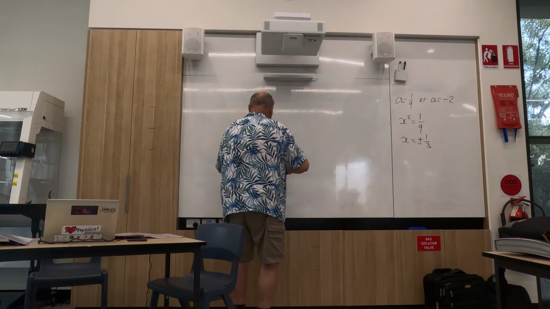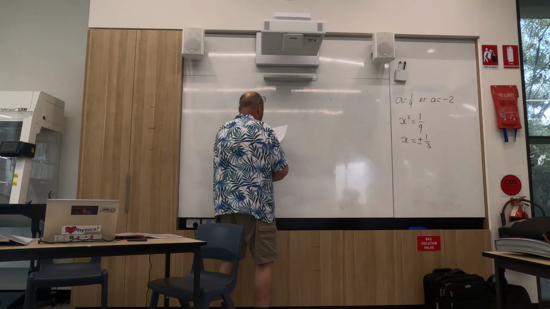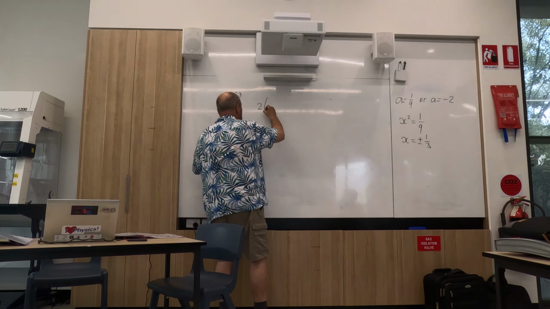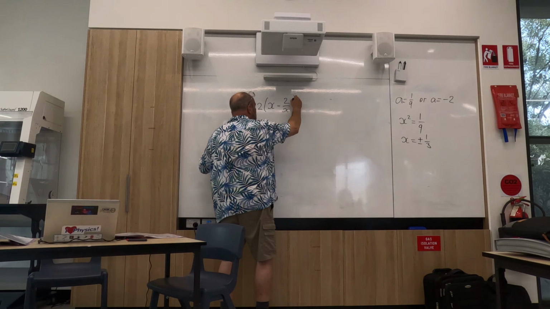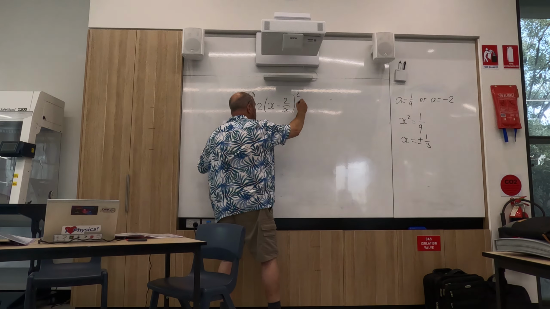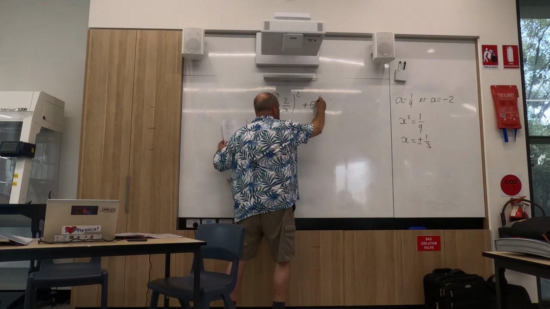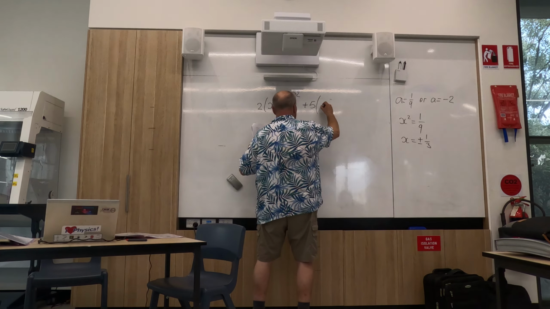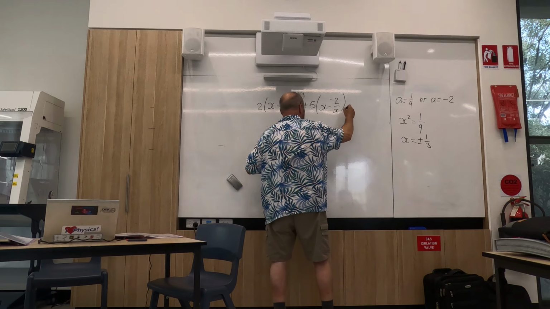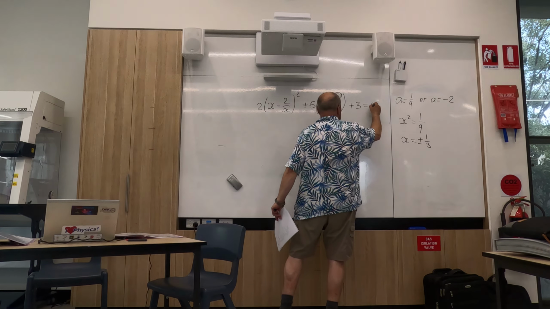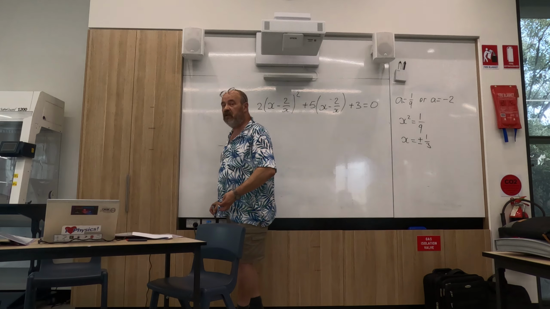So let's consider the next equation: 2 times (x minus 2 over x) squared plus 5 times (x minus 2 over x) plus 3 equals 0. Again, we can use substitution.